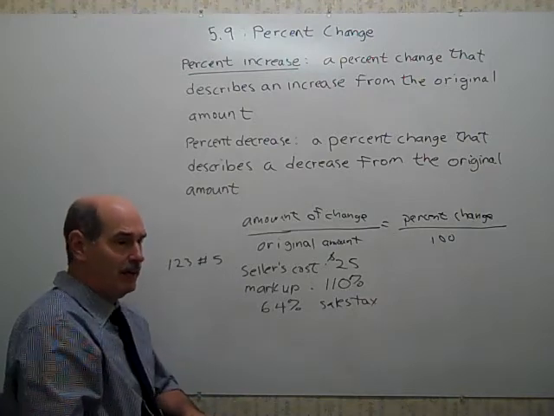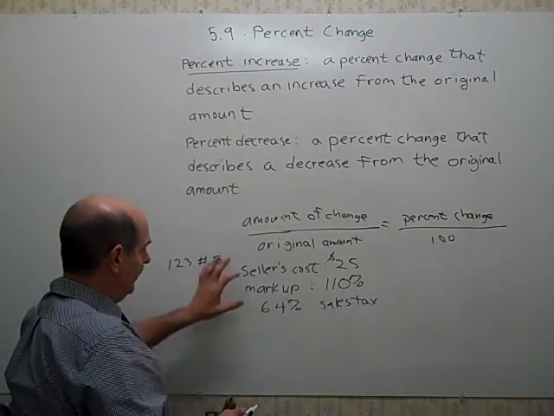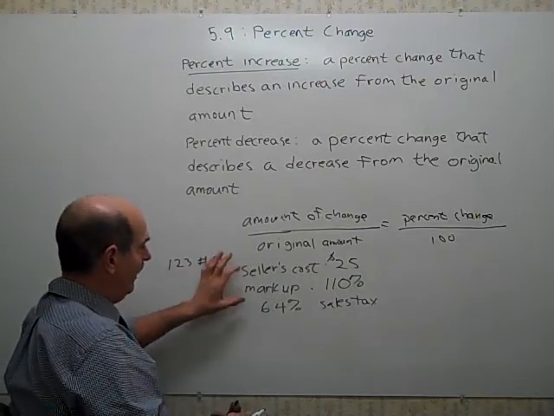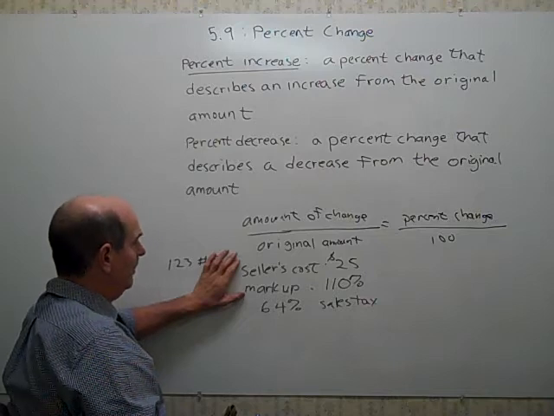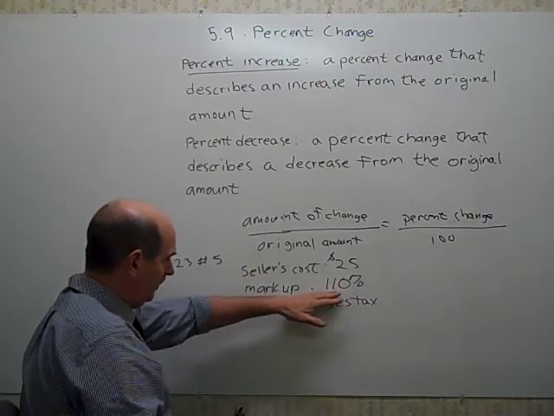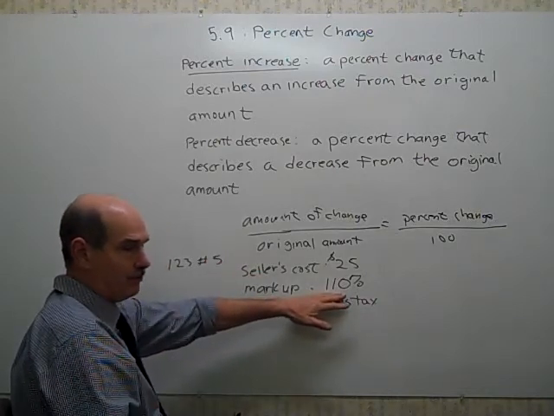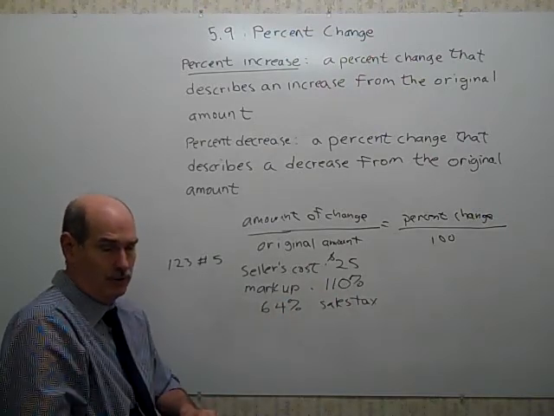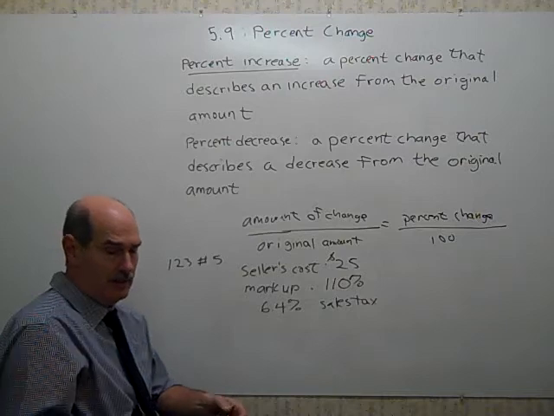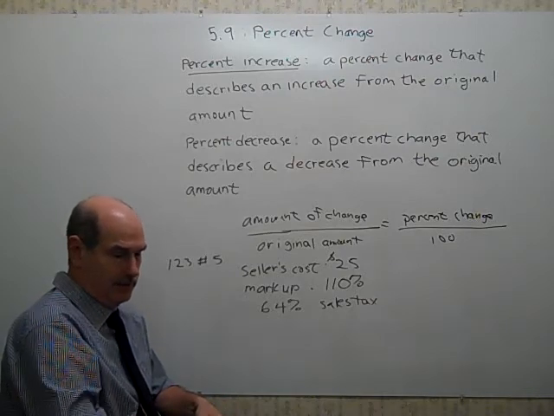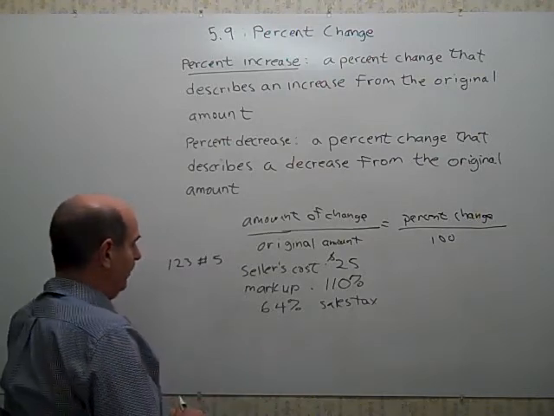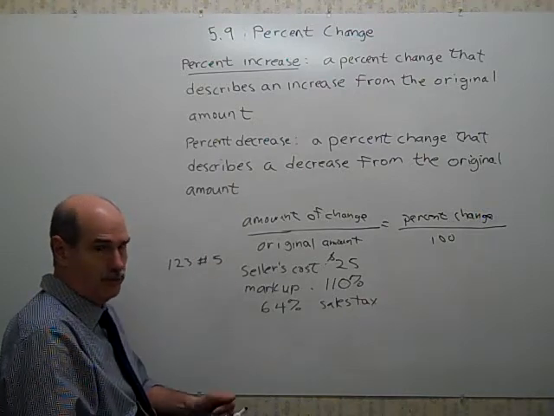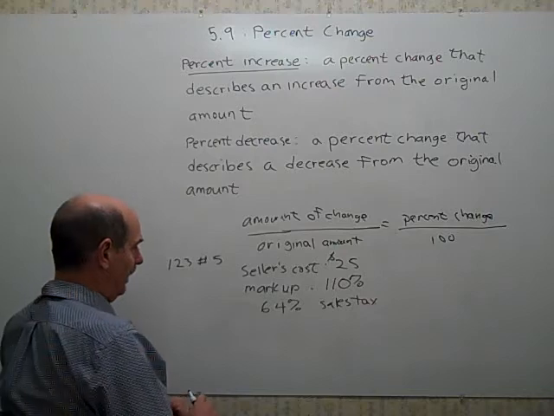The sales tax is actually calculated on what the seller is asking after the markup. So we have to figure out the asking price when you add on what is basically the profit for the seller. Then that amount's going to be taxed. And that tax would typically go to the local, state, city, or federal government. It's a tax that's not going to go in the seller's pocket, but it's going to be used to provide goods or services for citizens of that area.